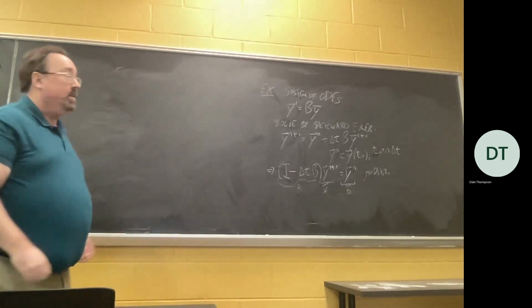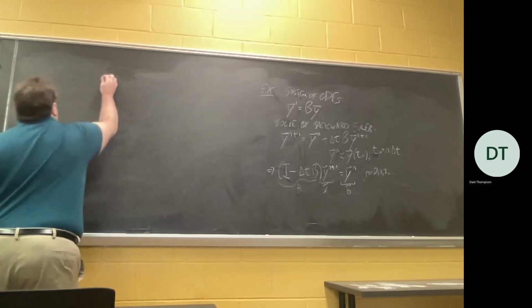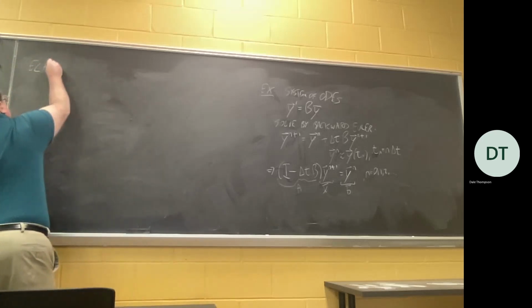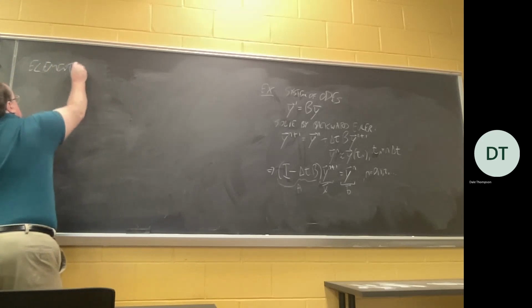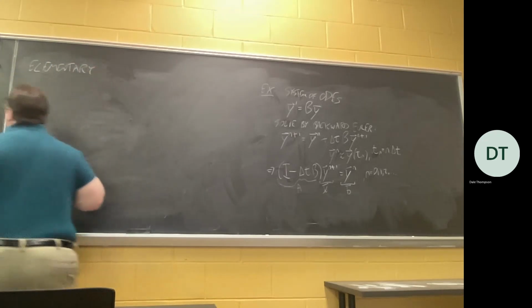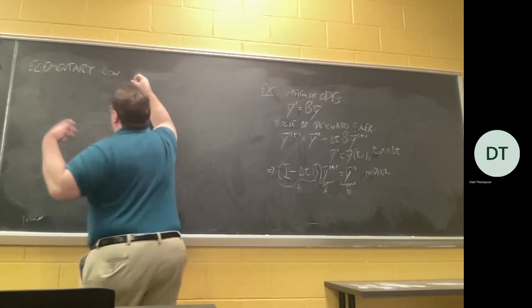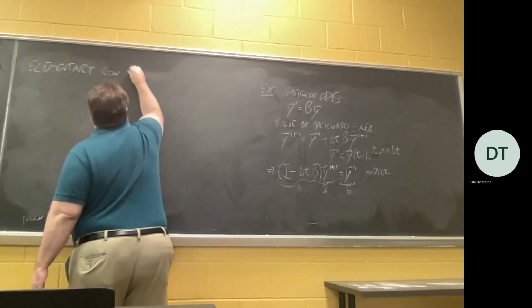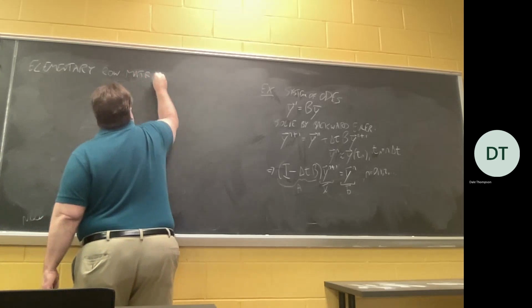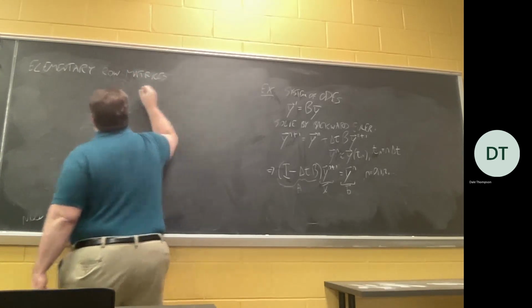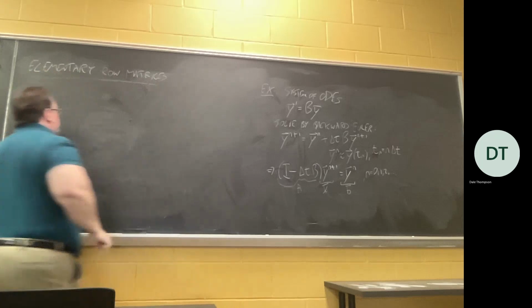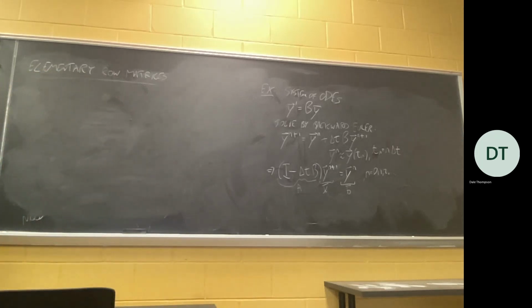Okay, so any of the three row operations I described last time, scaling a row, swapping rows, or subtracting a multiple of a row from another row, can be described through matrix multiplication by elementary row matrices.